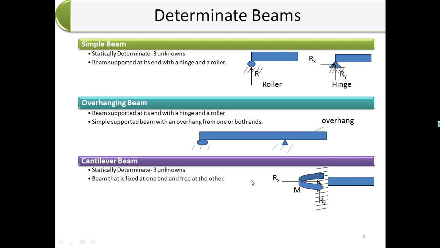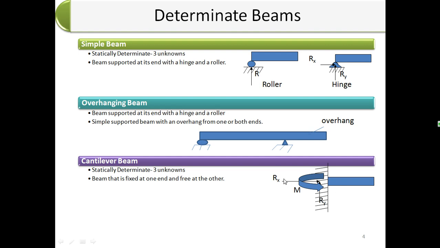And the third one in the determinate beams is the cantilever beam. The number of unknowns is equal to 3, what we have said earlier. If you take a fixed beam, this end is fixed. At the fixed end, there is the vertical reaction, the horizontal reaction, and the moment. The three unknowns are here. The other end is free.